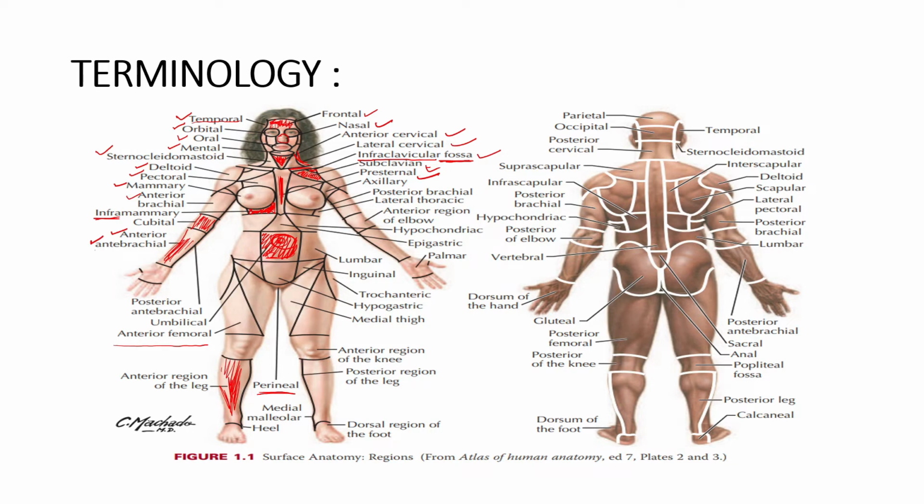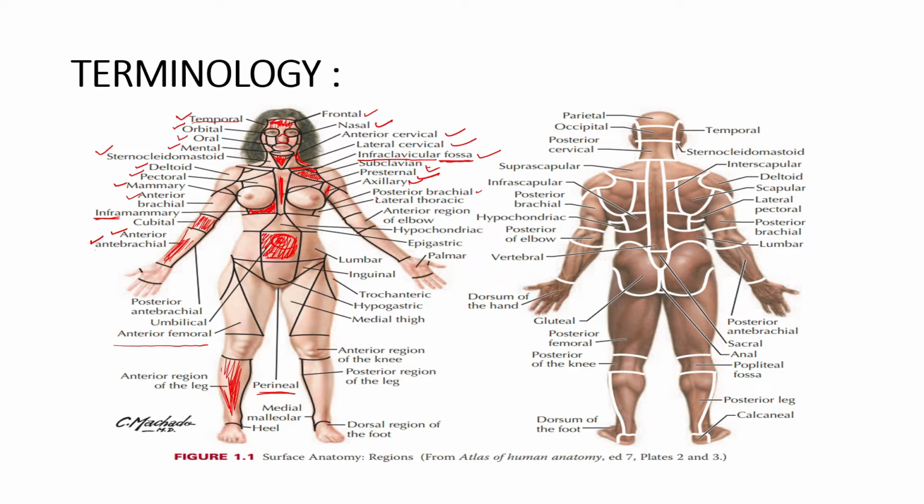Okay. Now axillary, axilla, you know which region is called axilla? That is the fold where our arm folds, the armpit. That is in anatomical terms called axillary. Here, this particular region is called posterior brachial. The anterior brachial we have seen on the left side.